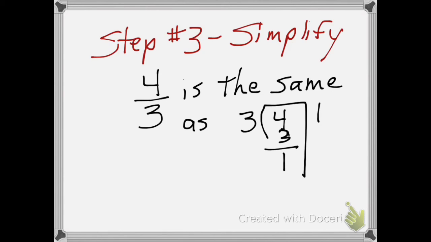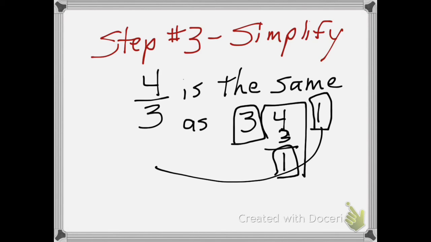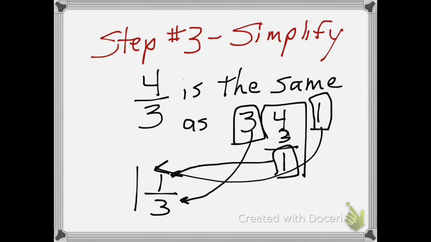Now remember, when we do this, this becomes our big number, this becomes our top number, this becomes our bottom number. So we have 1 and 1/3. That will be our answer.